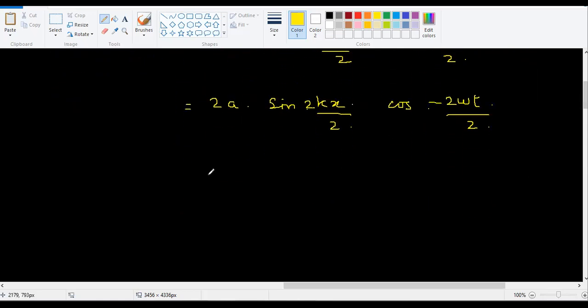So 2a sine kx. Just now we studied cos minus theta will be cos theta, which means minus will go away. 2 cancel, so I'll be getting cos omega t.